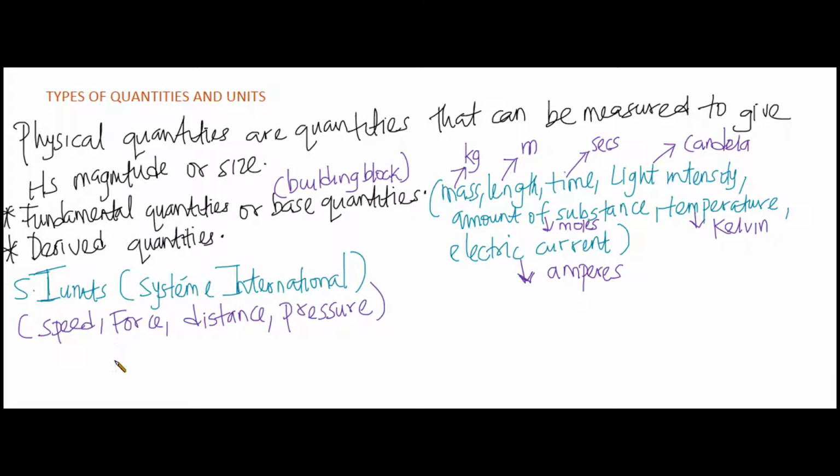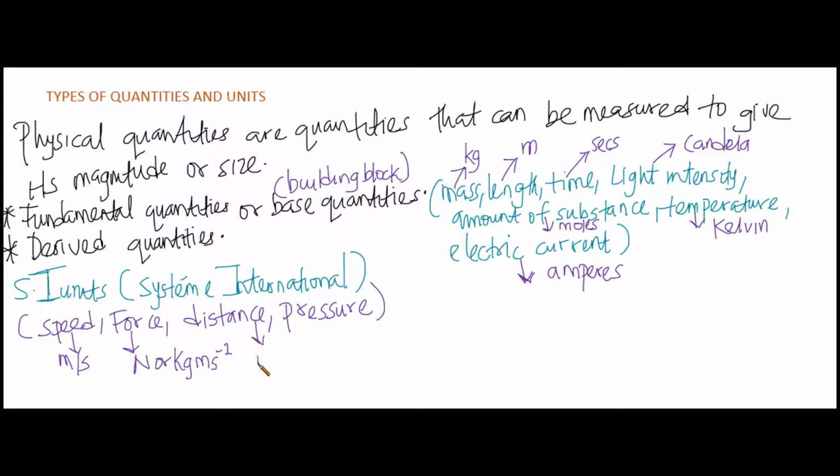We have a lot of them, and the units we get from these derived quantities are the derived units, and they use the fundamental units because they are made up from the fundamental units. For speed, we have a unit of meter per second because speed is distance over time. Force is measured in newtons, and a newton is kg meter per second squared, writing it in indices.